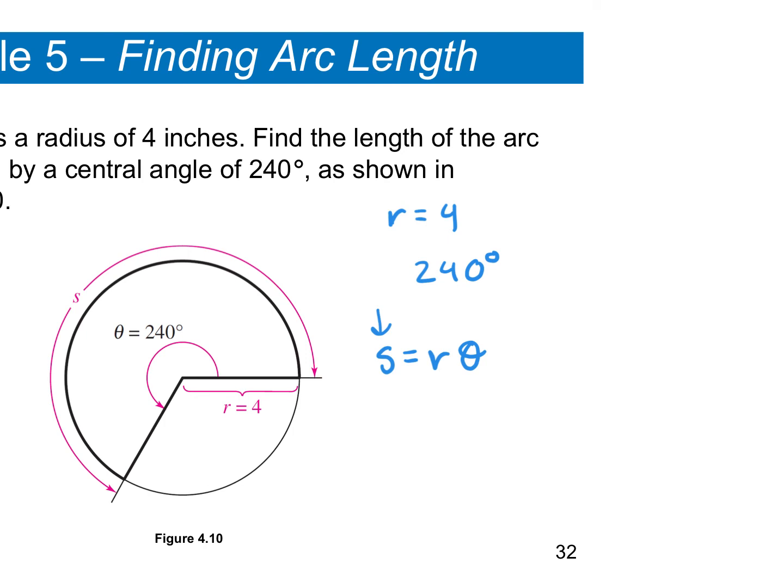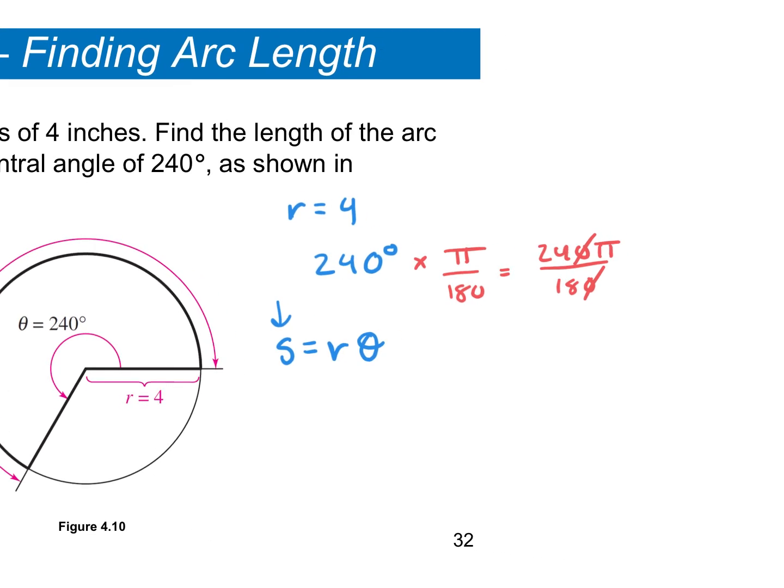So I have to convert 240 to radians. What do I multiply by to convert from degrees to radians? Pi over 180. So this would be 240 pi over 180. You can cancel out the zeros. 6 goes into both of them, so it would be 4 pi over 3.